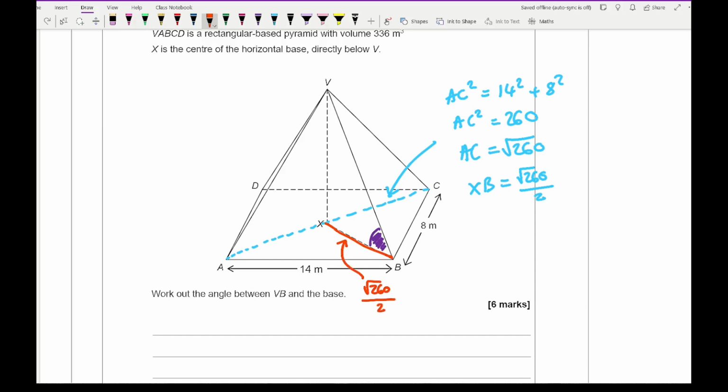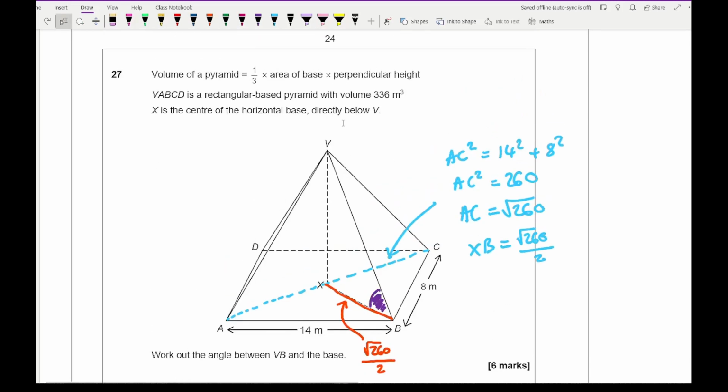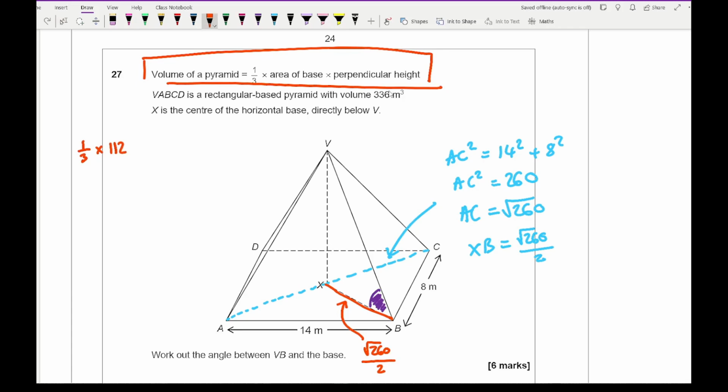Now, the next thing I then need to do is to work out what the area of the base is going to be, in terms of using the formula to work out what the perpendicular height is. So using this, what I know is that a third times 112, and again, where have I got 112 from?